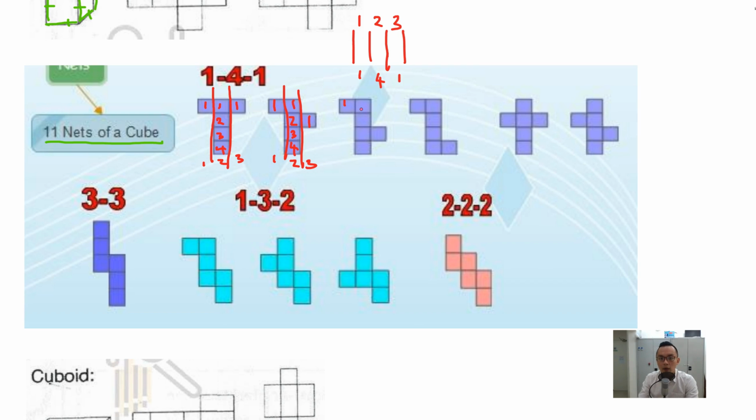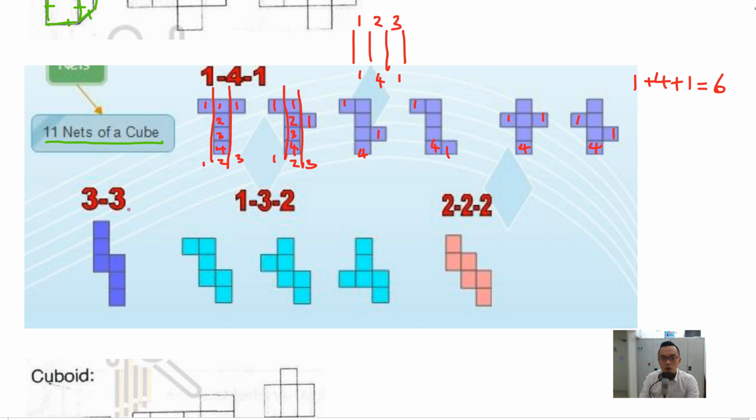This is 1, 4, and 1. So the 1, 4, 1 has 1, 2, 3, 4, 5, 6. You can think of it as there are 6 kinds of 1, 4, 1.